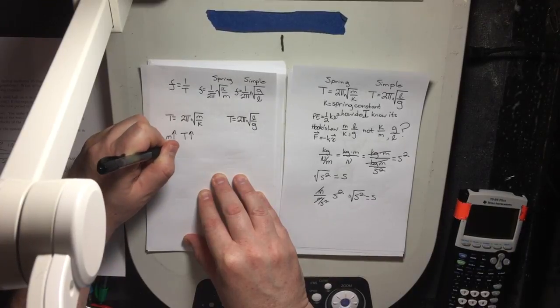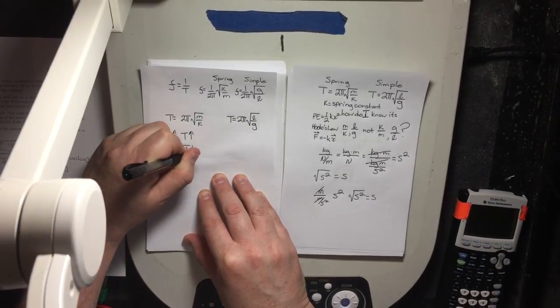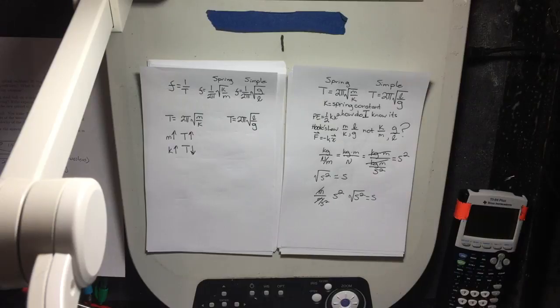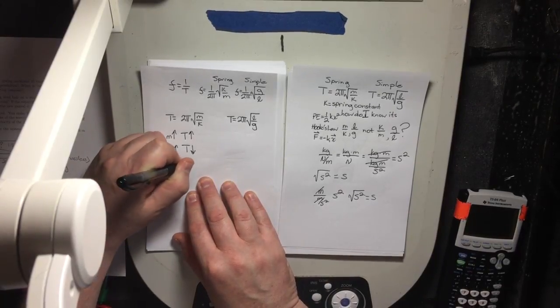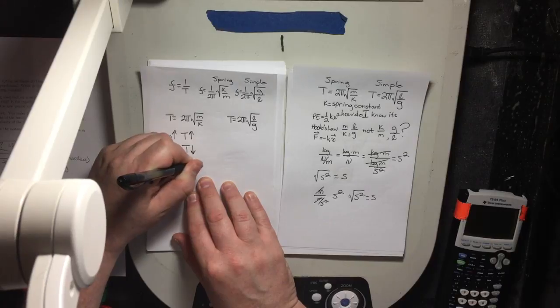If k goes up, period comes down. So if you increase the mass on the spring, the period will increase. If you increase the spring constant, the period will decrease. If g increases, no effect.